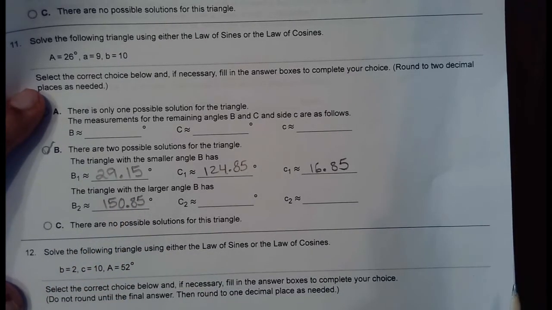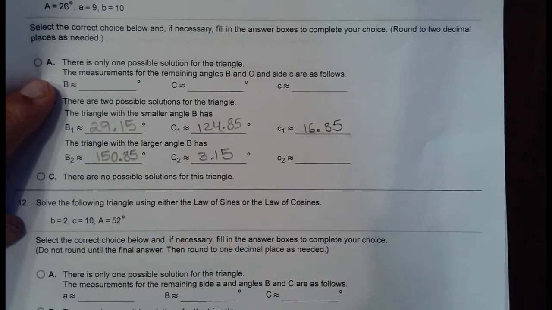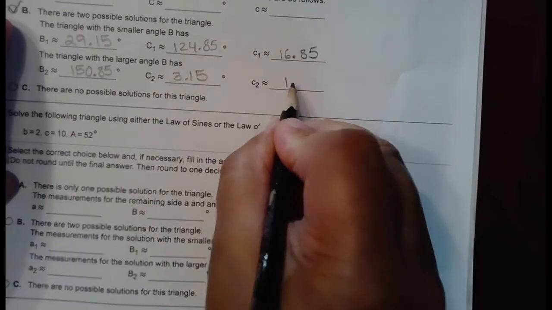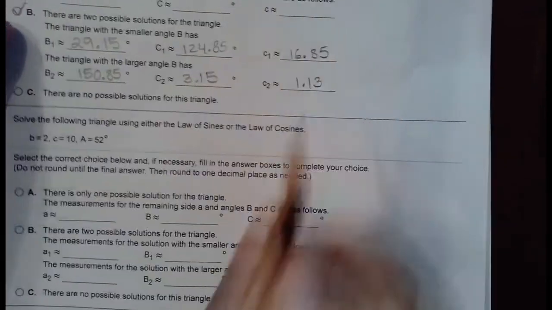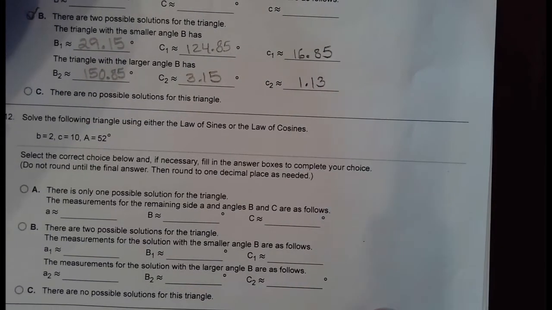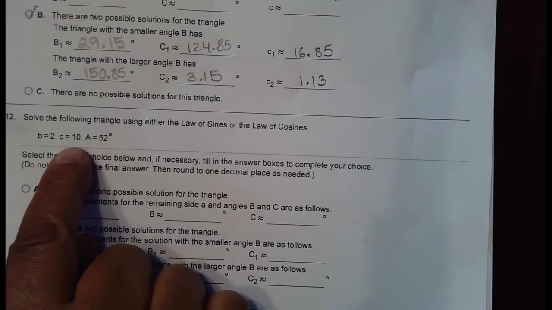Okay, that takes us to problem number 12. I'm going to do this on my own paper. We have side B, side C, and angle A, just to give me a little bit more room. Okay, so this will be problem number 12.